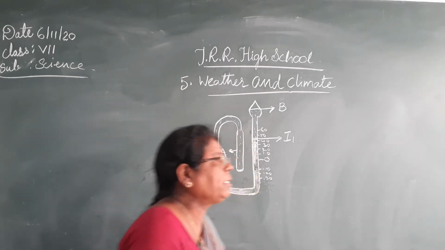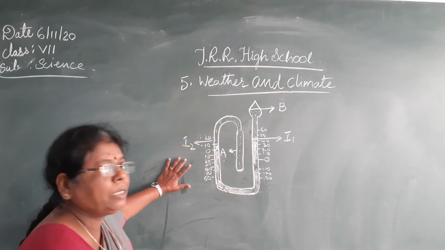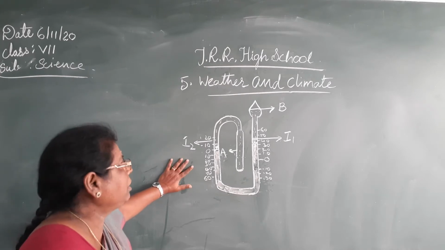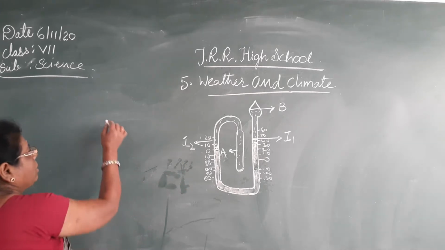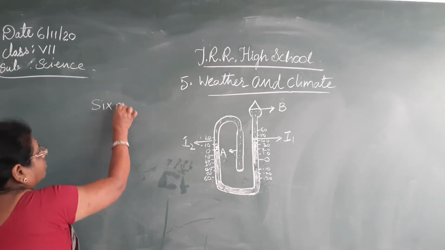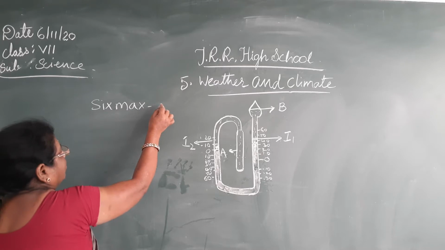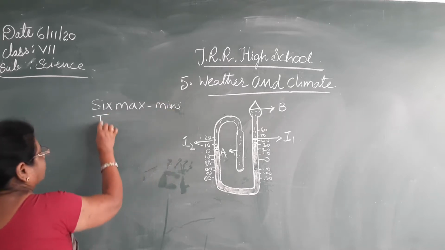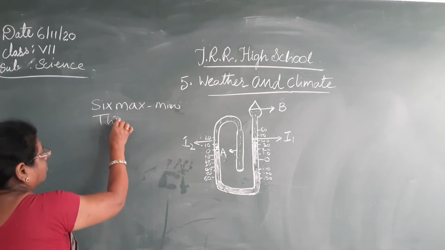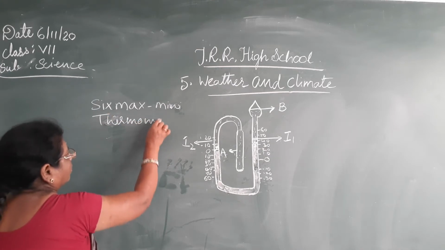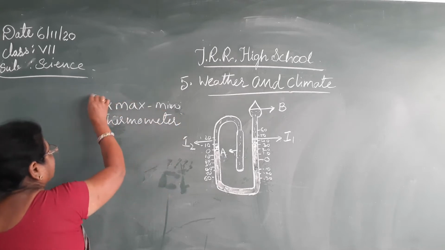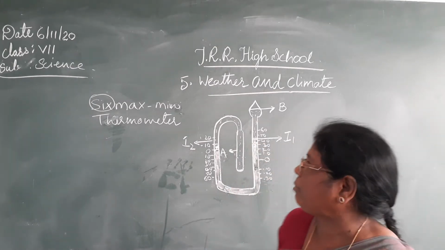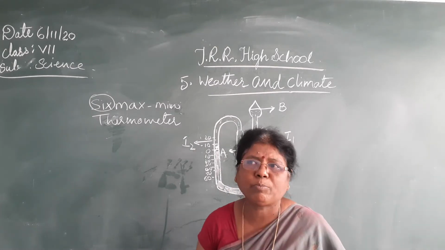We measure it by an instrument called Six's maximum and minimum thermometer. Six is the name of the scientist who invented the thermometer, so the name is given Six's maximum minimum thermometer.